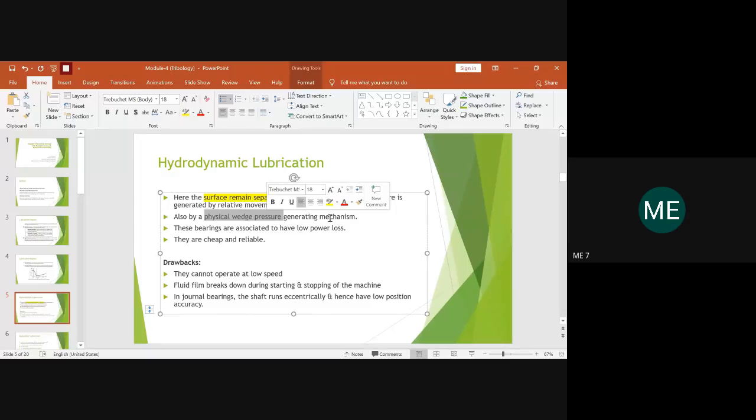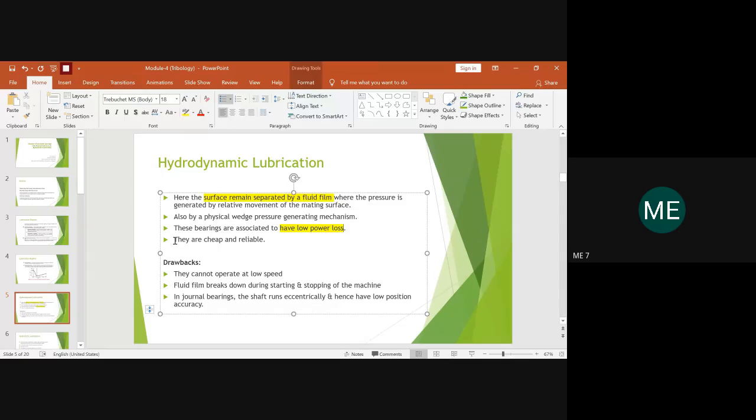We have studied various mechanisms related to hydrodynamic lubrication, and these mechanisms help you develop the required pressure distribution. Also, one more plus point is that it is always associated with low power loss. There is not much loss in hydrodynamic type bearings.